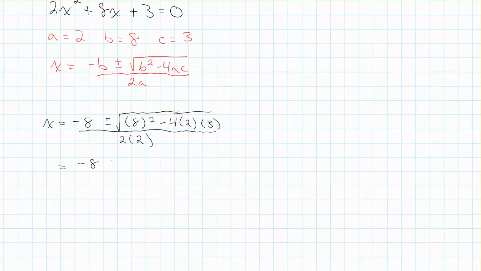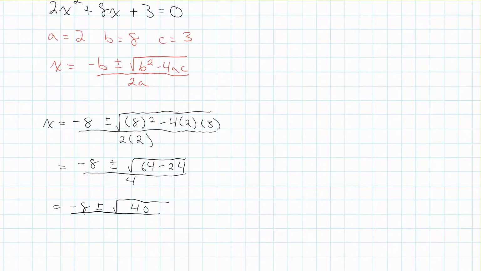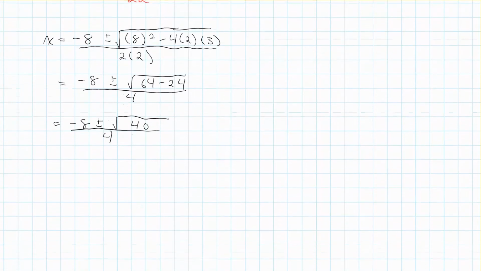So I have negative 8 plus or minus the square root of 64 minus 24 all over 4, which would be negative 8 plus or minus the square root of 40 all over 4. And I'll take my time on this and do it in a couple steps here.